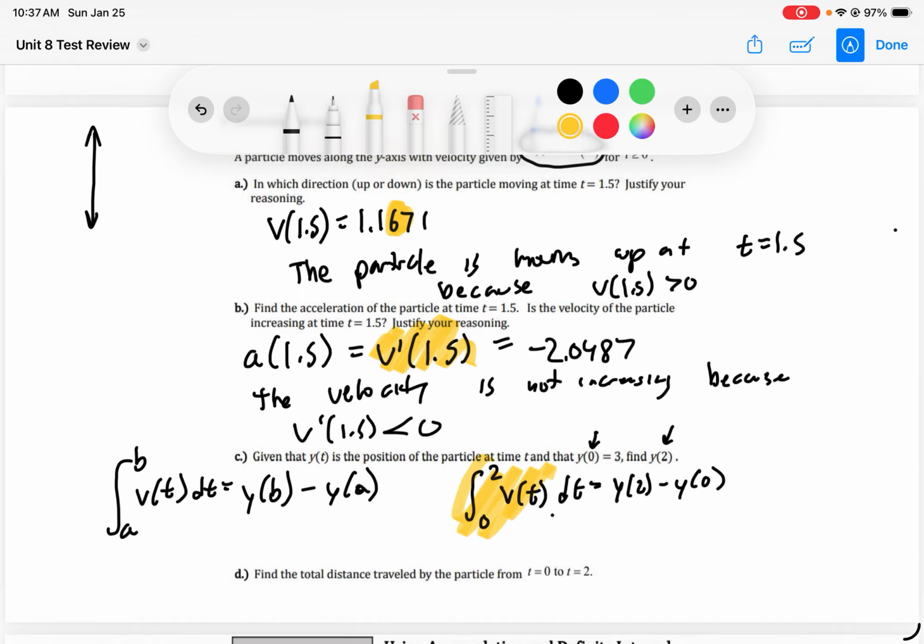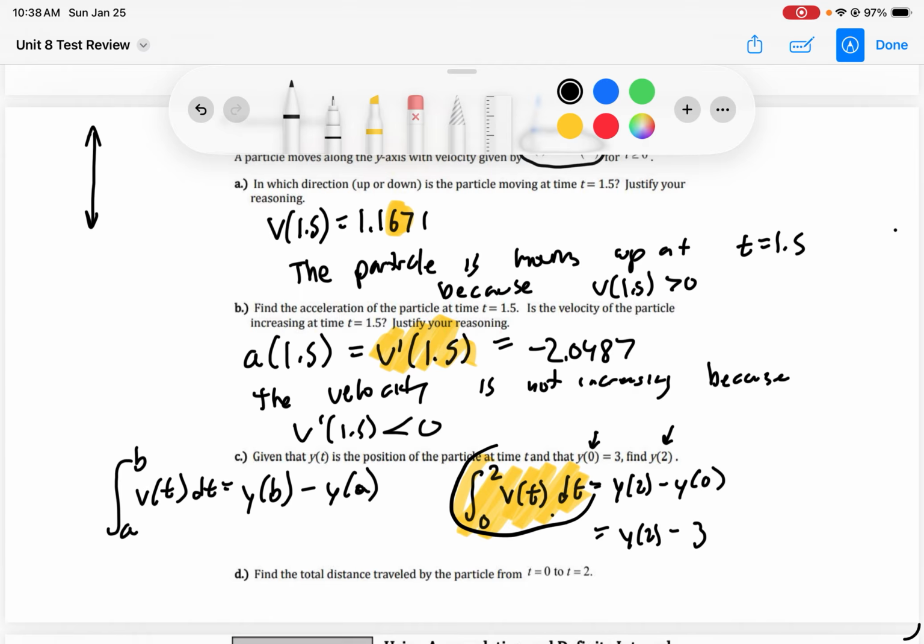So in Desmos, I plug this into the calculator, and I would get a number. I didn't write the number down that I got. But once I get that number, I know y of 0 is 3.